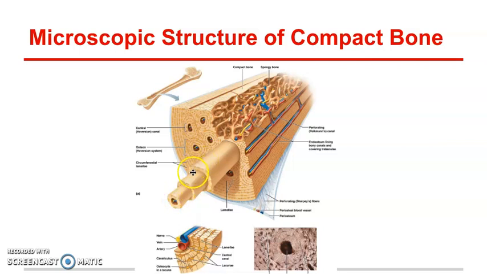And in between the rings, you can see them right here, you can see these little black dots, and those black dots are actually the bone cells, the osteocytes. And the osteocytes are in little openings between the lamellae called lacunae. And so we have these little bone cells, osteocytes, within the lacunae, and then the rings that form the osteon are lamellae.